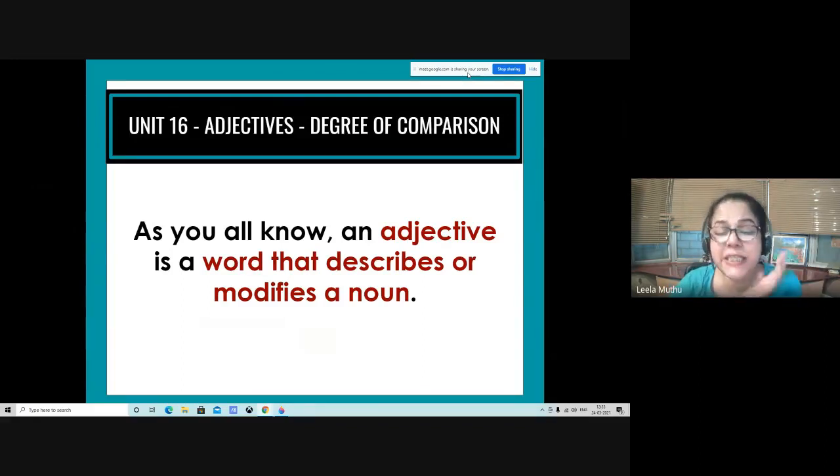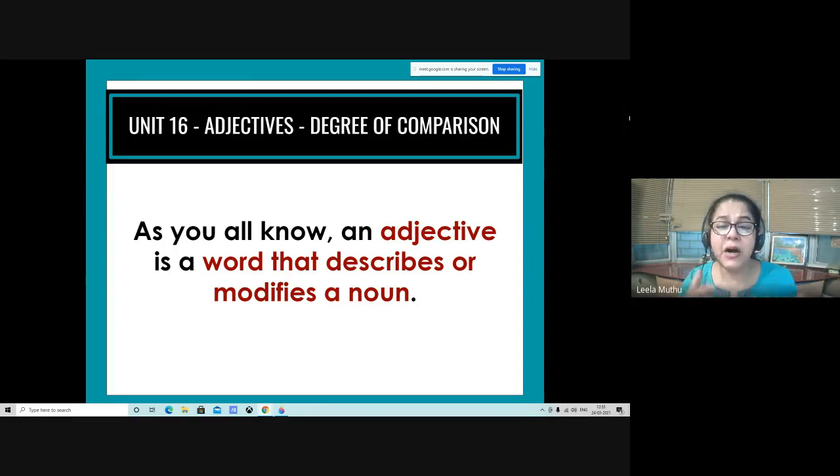It's just a coincidence. So let's start off with, of course, the definition of an adjective. Now you all know what an adjective is. An adjective is a describing word. You can have a group of words also which describe a noun. Now we describe qualities in a noun.